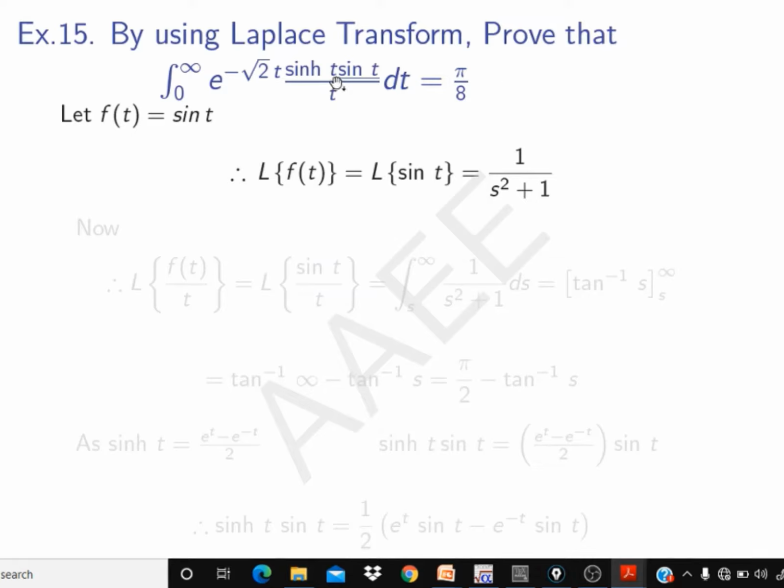So first you are supposed to find the Laplace transform of sine of t, then sine of t by t, then this exponential.